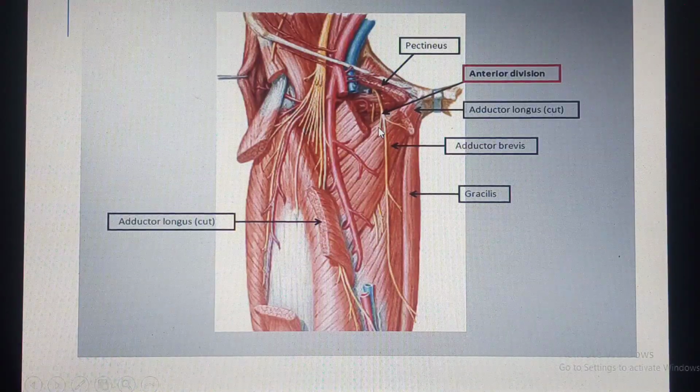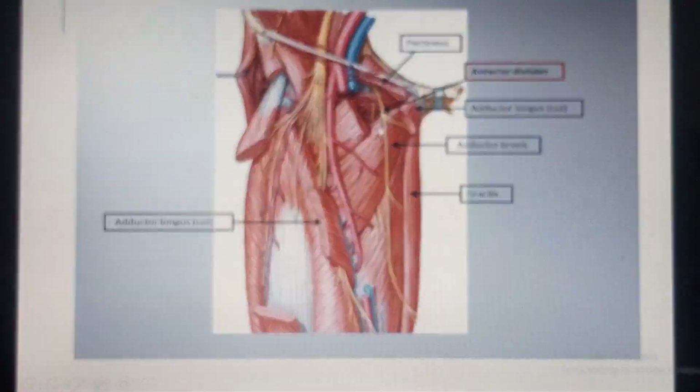Now this obturator nerve arises from the ventral rami of L2 to L4. It runs in the abdominal area, medial to the psoas major muscle. When we look at the posterior abdominal wall in detail, we will look at the nerves over there.